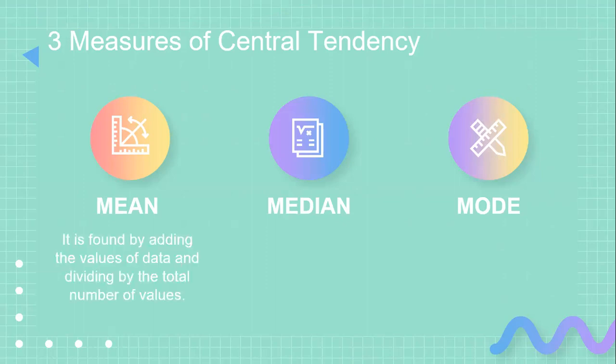Now, the mean is found by adding the values of the data and dividing by the total number of values. The mean can be used, for example, in getting your general average in your subjects.